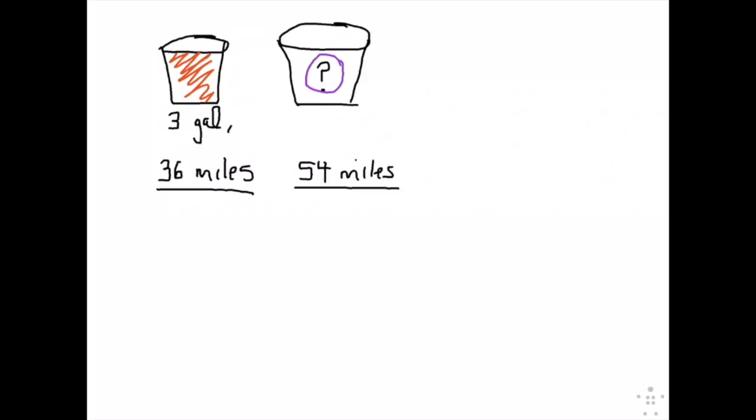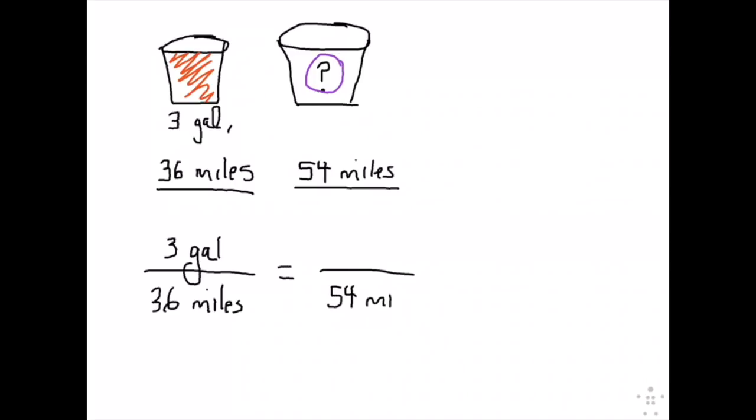So we can set up a proportion for this. We can say that, with 3 gallons of gas, I can drive 36 miles. And the question is, to drive 54 miles, how many gallons of gas?